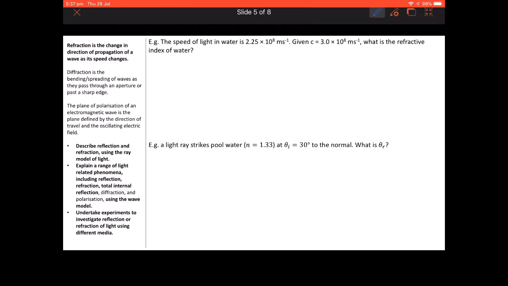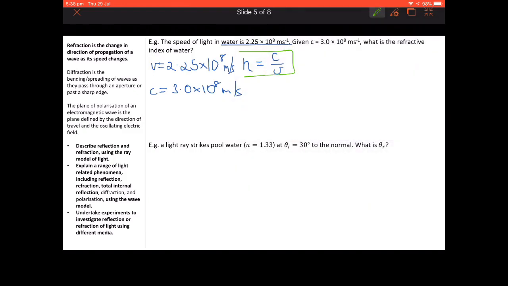So using our rule, we know that N, the refractive index, is equal to the ratio of the speed of light to the speed of light in the material, so C divided by V. We know that the speed of light in water is given to us, it's 2.25 by 10 to the 8 meters per second, and we know that the speed of light is 3.0 by 10 to the 8 meters per second.